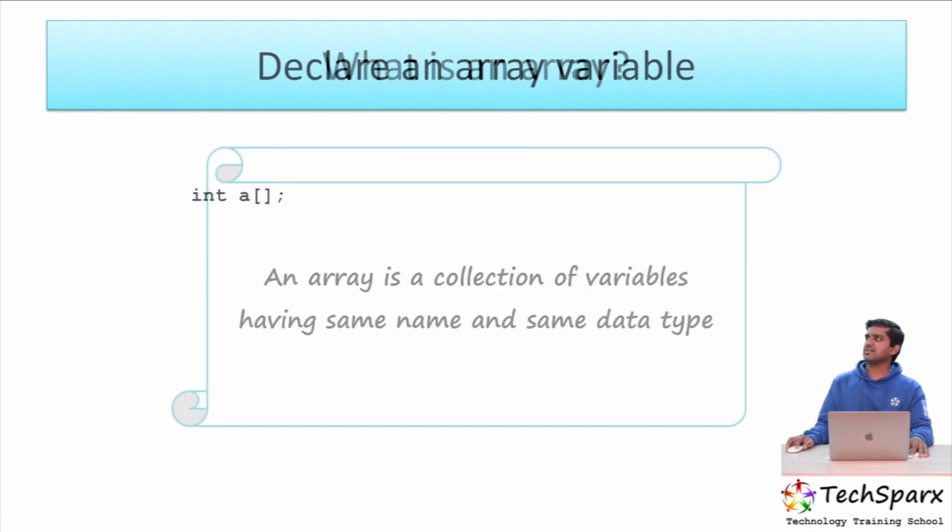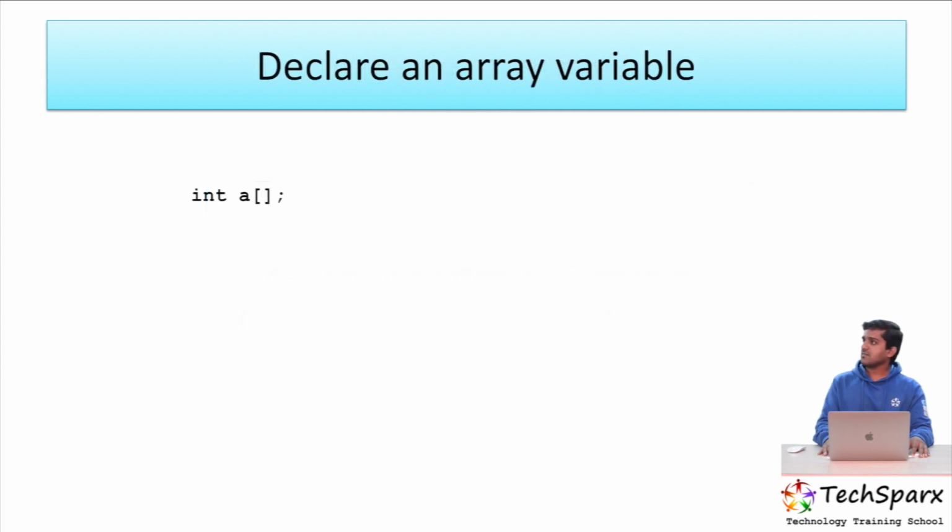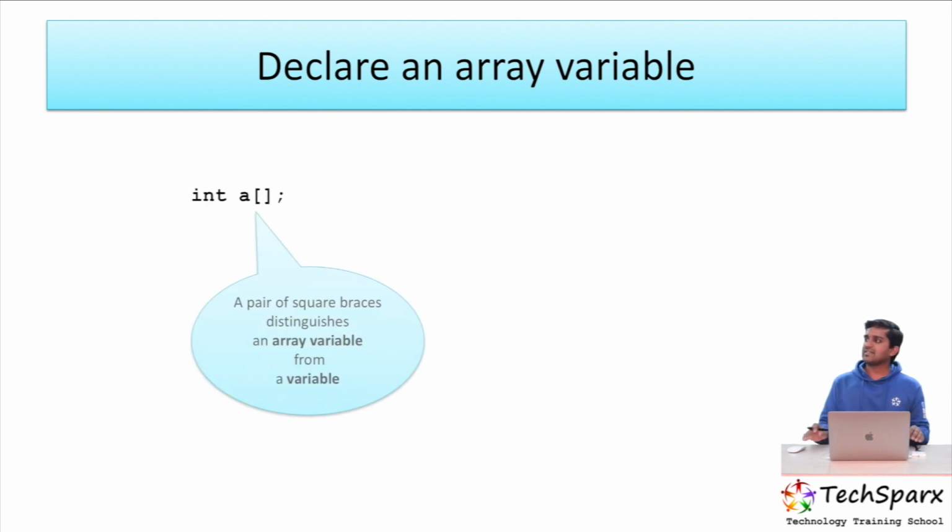So what do you mean by that? Let's see some examples. So here there is this data type, int, and a is the array name. Square brackets indicate that it's no more a variable, but it is actually an array variable.